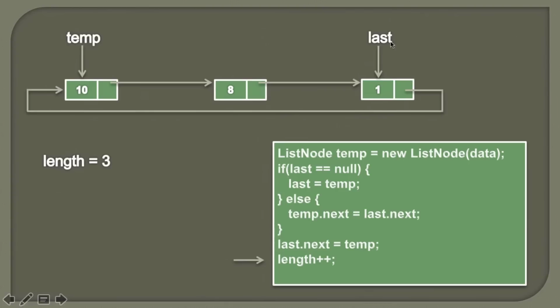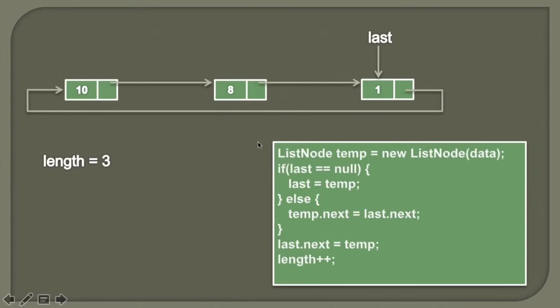Currently the circular singly linked list has 3 nodes, where the first node has data 10, the second node has data 8, and the last node has data 1. And last.next is pointing to the first node. So after the method gets executed, the circular singly linked list looks like this. So friends, here we inserted 3 nodes having data as 1, 8 and 10 at the beginning of a circular singly linked list.